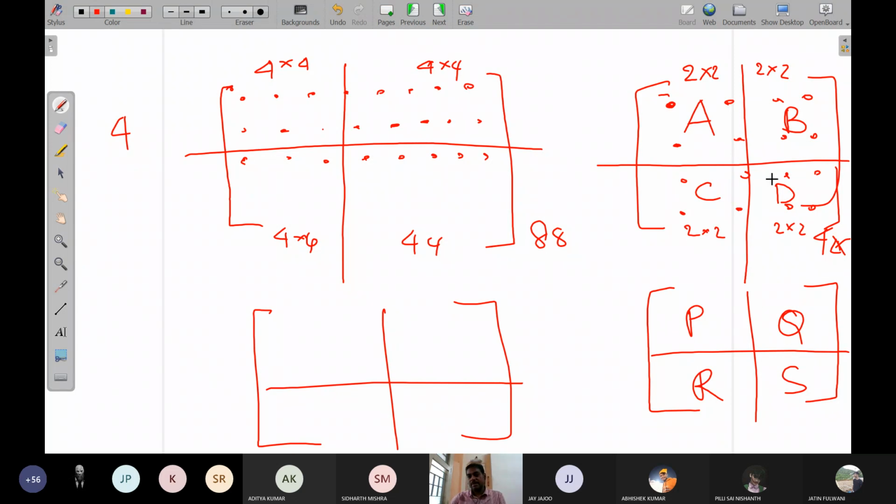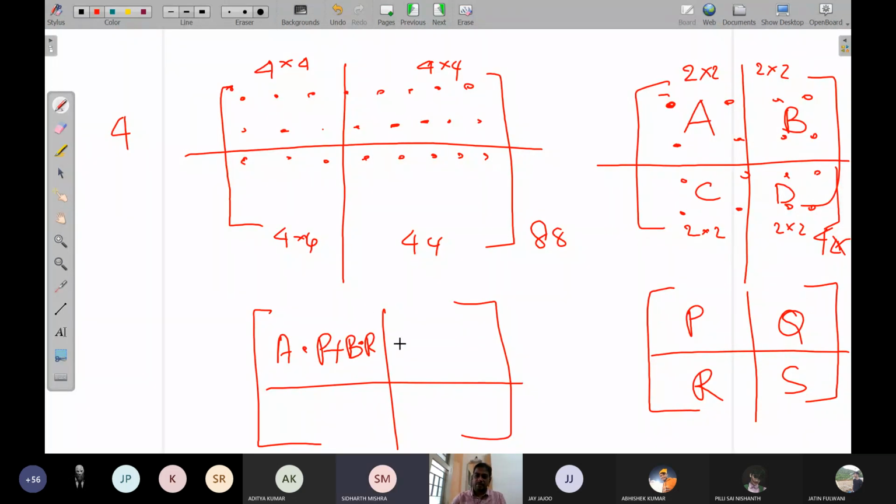This is a matrix. So what is A into P? Here A into P plus B into R. Now you can follow the same process for the next element.